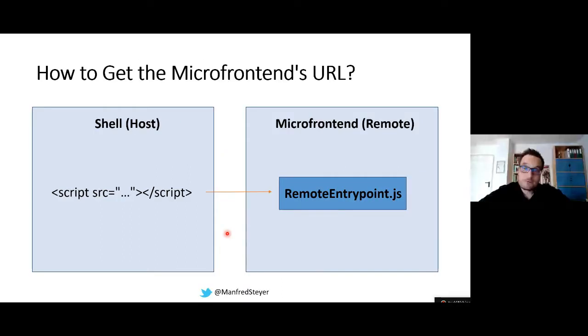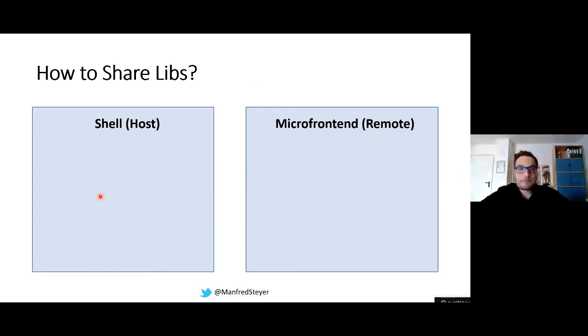There are also other ways to do this. You can create a dynamic script tag, or you could even use an API call to load this script here, or to define the location of the remote entry point. It can also be done dynamically. So you can also share libs.